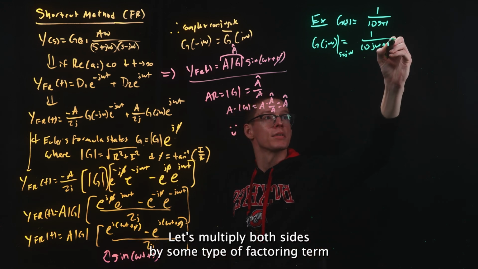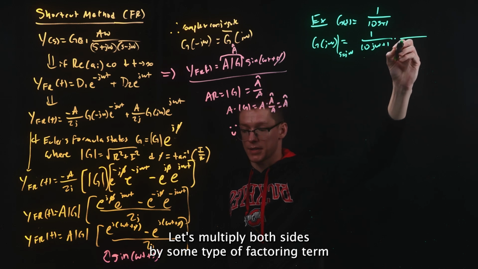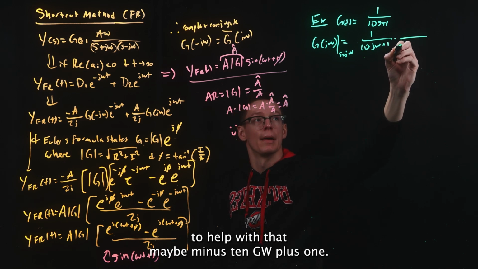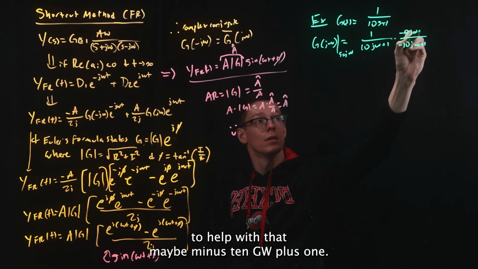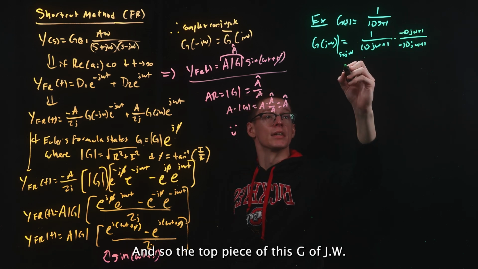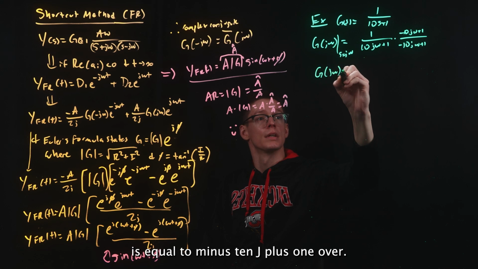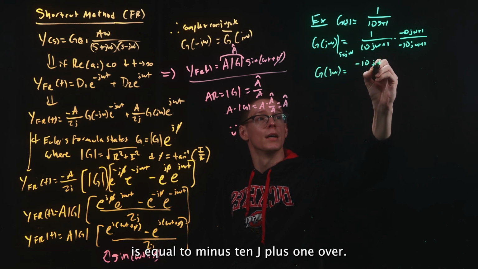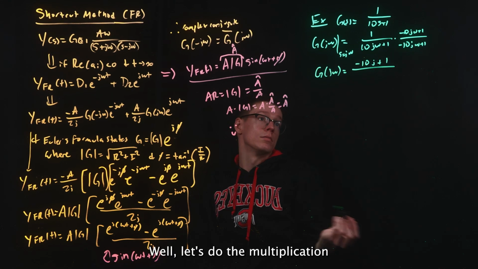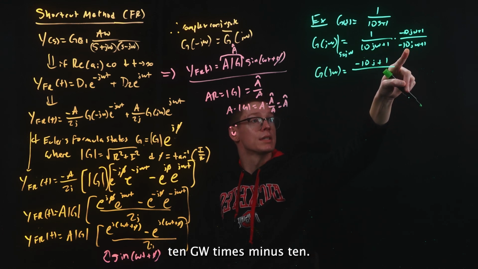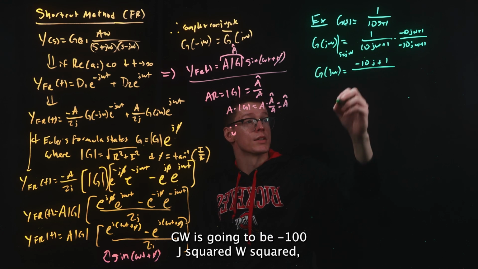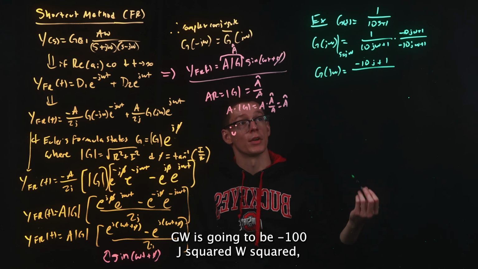Let's multiply both sides by some type of factoring term to help with that. Maybe (−10jω + 1). And so the top piece of this, g(jω), is equal to (−10jω + 1) over, well, let's do the multiplication. 10jω times −10jω is going to be −100 j squared ω squared.